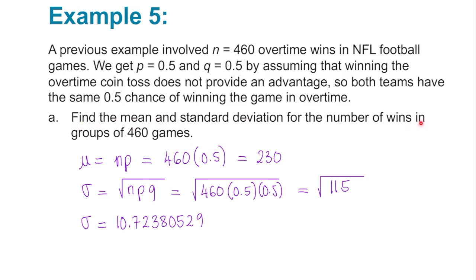There was no instruction on how many digits they want me to round, so I will round standard deviation to 1 digit more than the original data. The original data is a whole number, so I'm going to round it to 1 decimal place. So my standard deviation is 10.7.